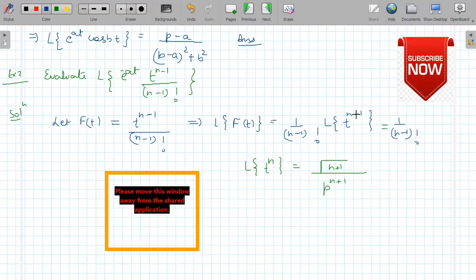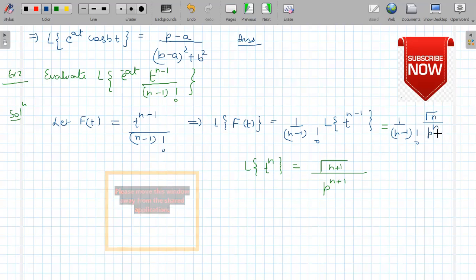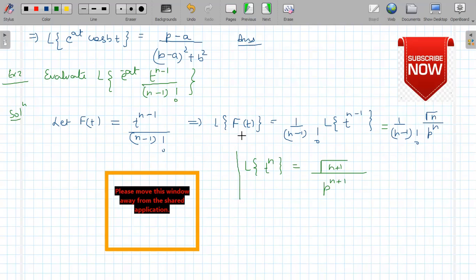So when 1 is added here, we will get gamma n whole divided by p raised to the power n. So we simplify it. Let me enclose this in a box, because this is a property that we are using here.